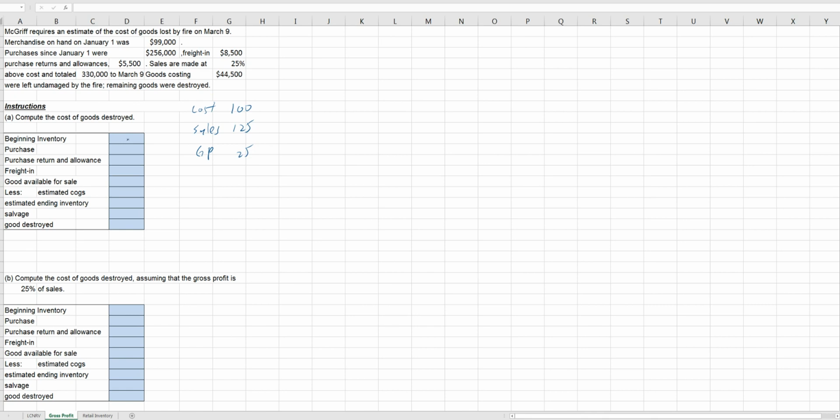All right, so we're going to apply the inventory formula: beginning inventory plus purchases. Of course, we need to use the net purchases, which means we're going to deduct the purchase return and allowance.